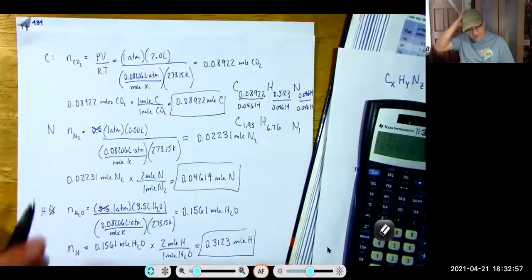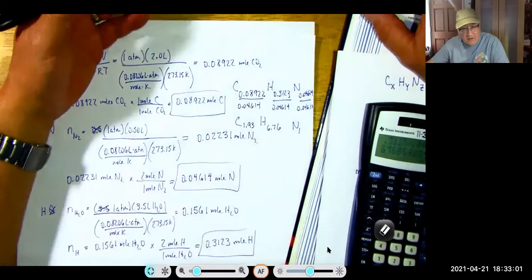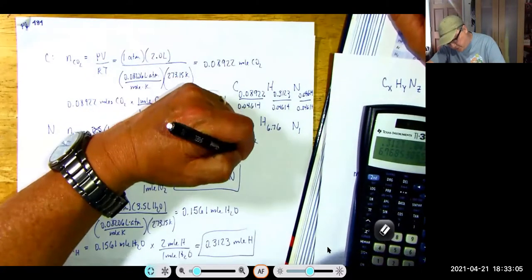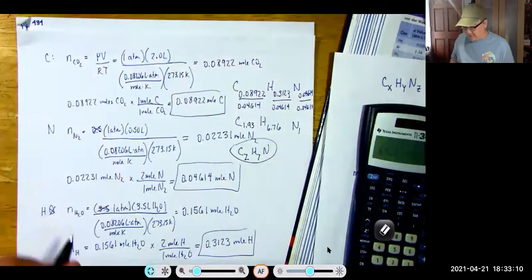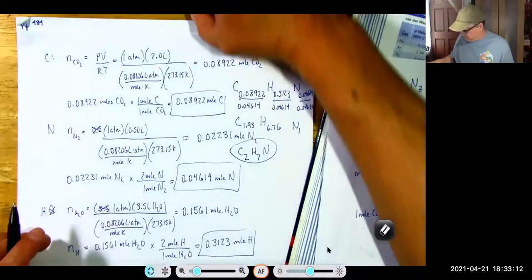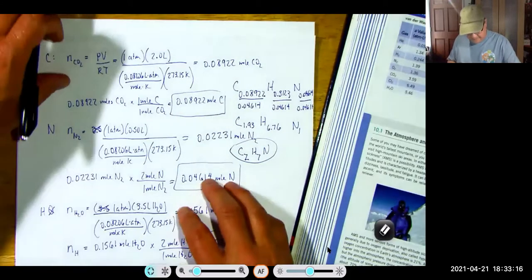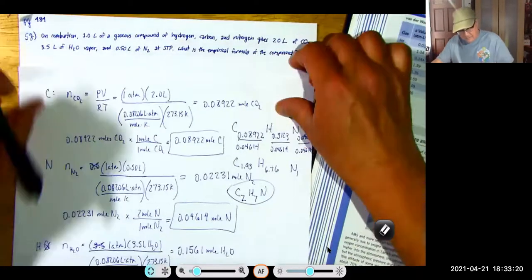So, I'm not sure if I like these numbers well enough to assume that they're going to round off to whole numbers, but I'm going to do it anyways. So C2H7N, and I think that might be the empirical formula of the compound. So that's the way I would tackle this problem.